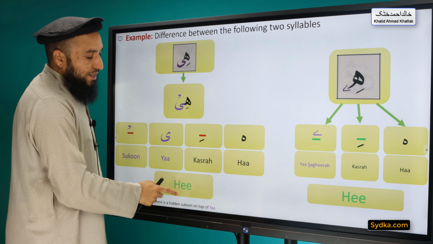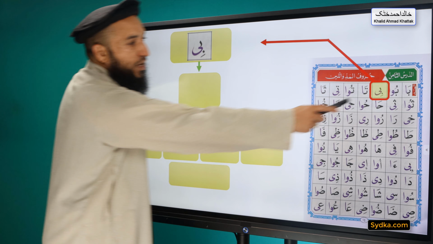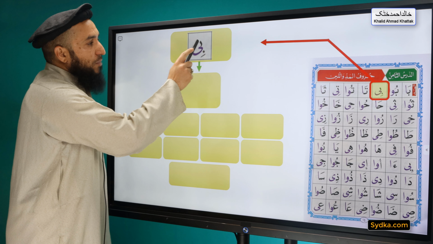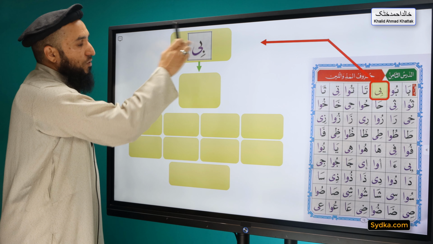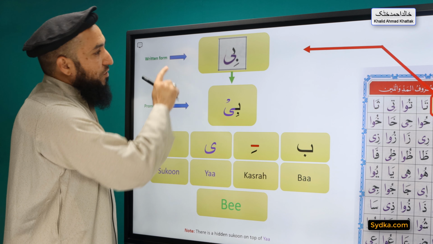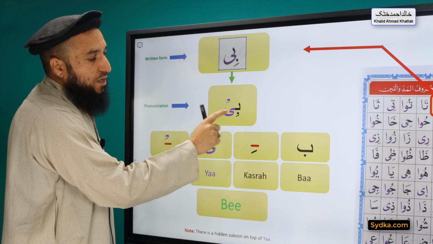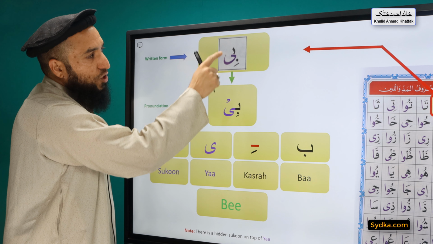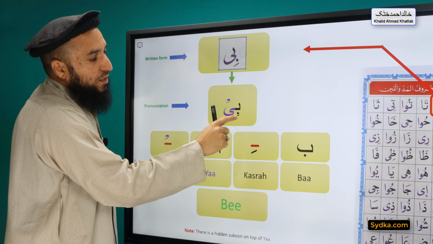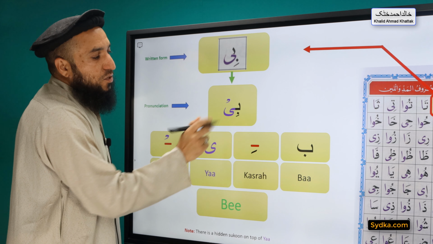The third syllable we have is ba kasra ya sukoon, with a hidden sukoon again here. As a written form, ba, which is a light letter, has kasra underneath, and ya has a hidden sukoon. Ba kasra ya sukoon bi.